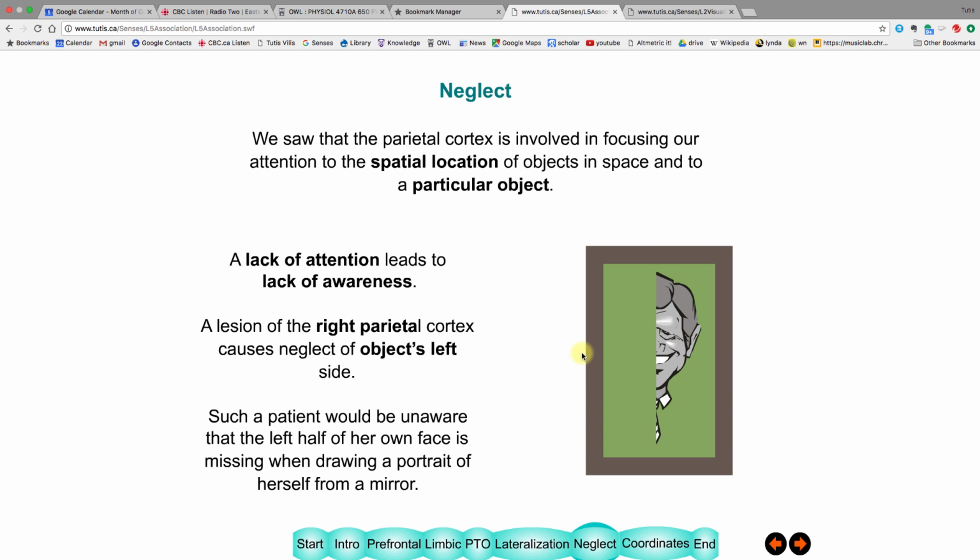You would think that someone who's an artist could look at the scene and know that a face has two sides. But you'll see this artist drew just one half of himself because he was unaware of the other half because of this lesion. Okay, so neglect is being totally unaware of what's there.